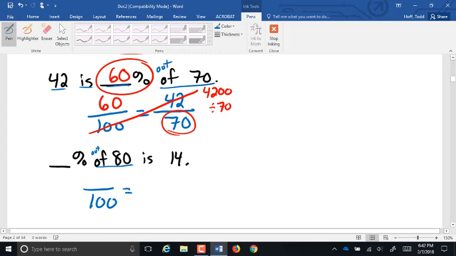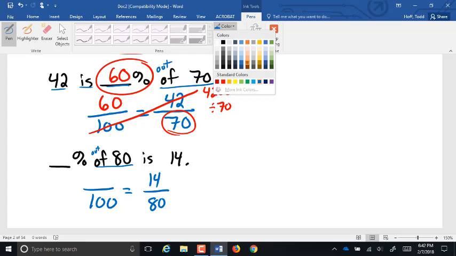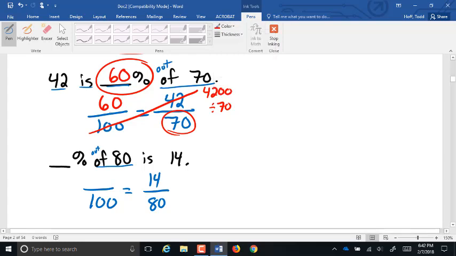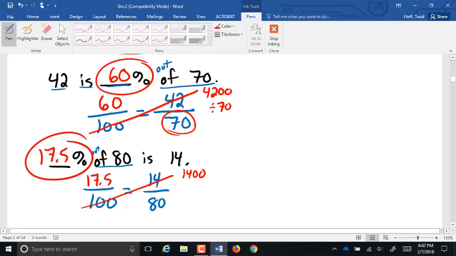Think of out of 80. What's the 80 on bottom? 14 goes on top. We will cross multiply and divide. 100 times 14 is 1,400. Divide by 80 is 17.5. So it's 17.5% of 80 is 14.